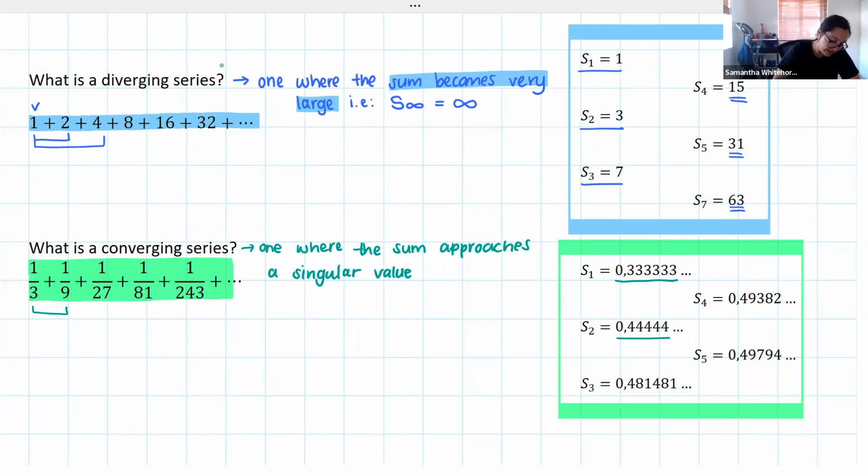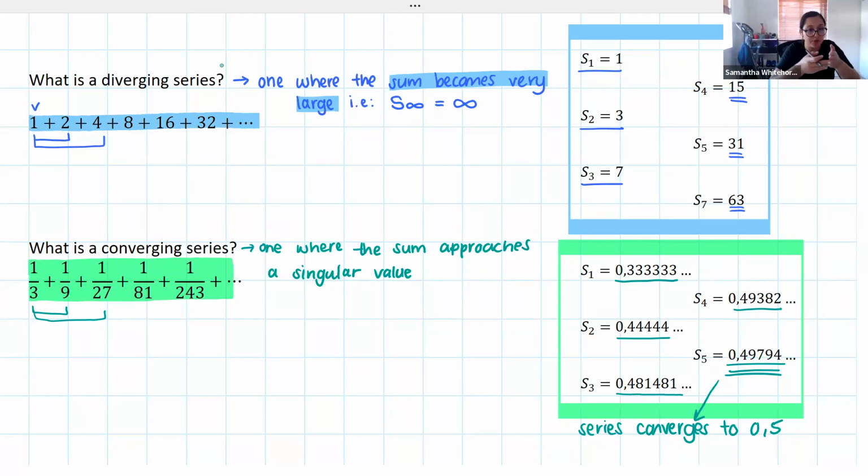If we now add a third plus a ninth plus a 27th, that's 0,481, 481, etc. And as we start to add our terms, we're getting closer and closer and closer to a specific value. In this case, our series is converging on the value a half. So as you can see, these values are getting closer and closer to 0,5. And so we say it converges, it approaches a single value of a half.